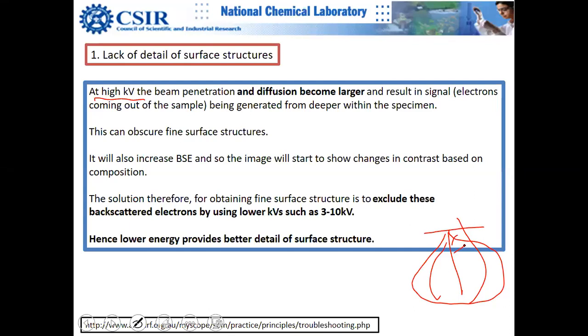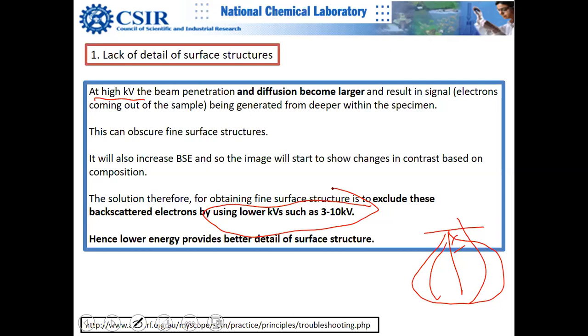The solution is to exclude this backscatter by using lower kilo electron volts. If you are not able to see the surface structures which you are trying to see, request the operator to reduce the voltage, and then you will see.